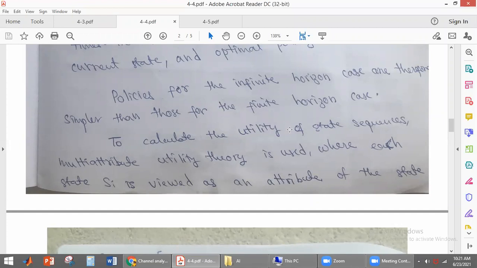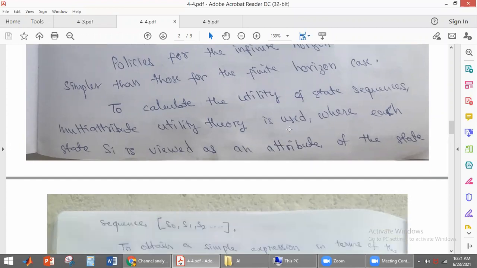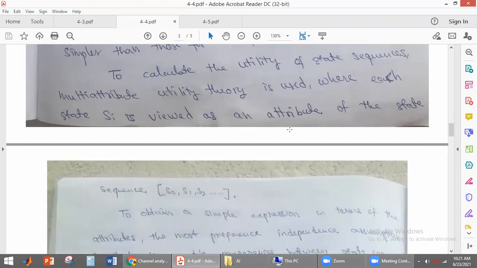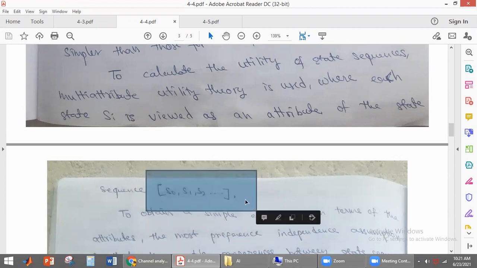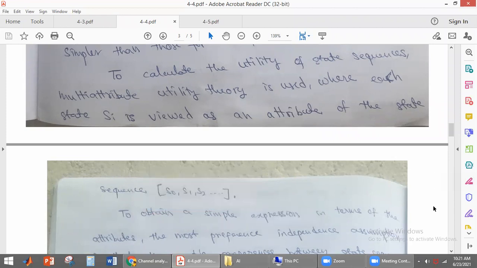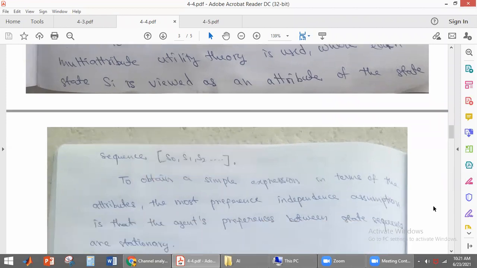Any state Si can be viewed as attributes of states. If you take any Si, it can be viewed as a set of sequence states, that is S0 from the initial state, the states it takes to reach Si, or after Si, the states it takes to reach the terminal state. Like that, Si can be viewed as an attribute of the state sequence.